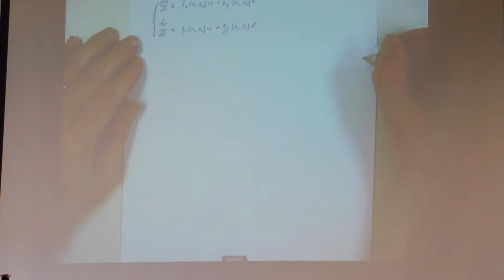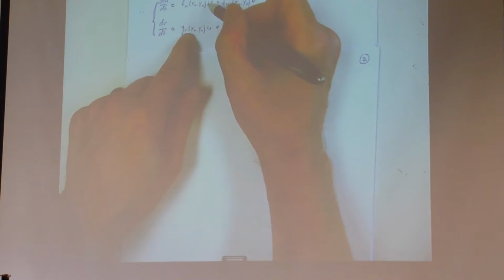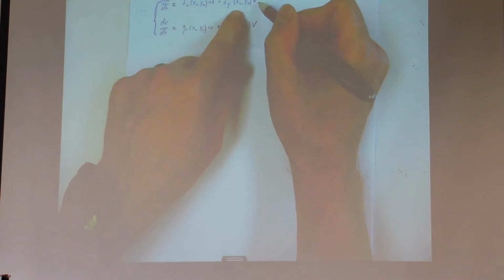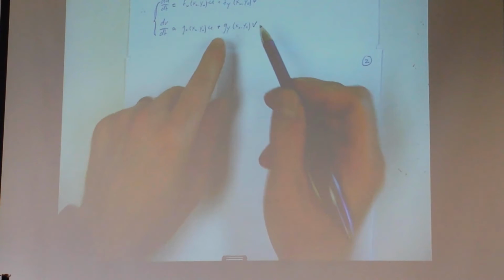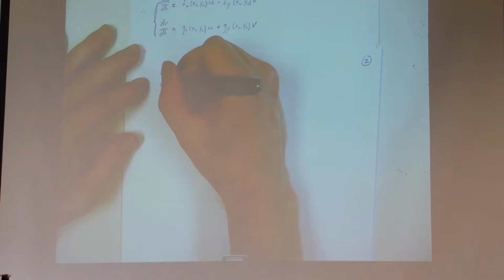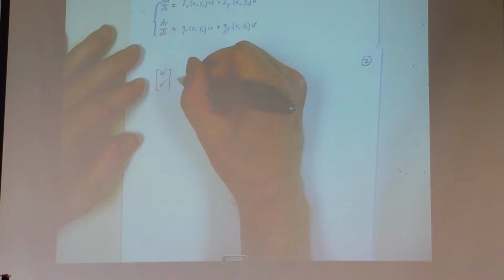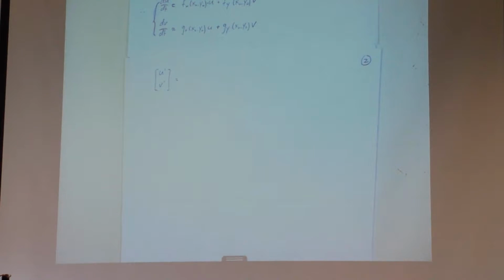So look at the form of this system, that last one that's written up there. This could be written in matrix form, right? We have something times u plus something else times v, something times u plus something else times v. Using the notation u prime and v prime, I have the vector (u', v') equals, and how could I write this as a matrix product?